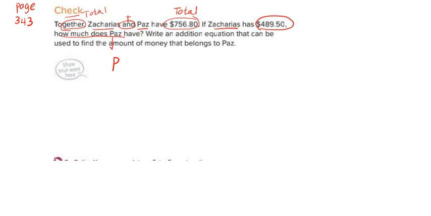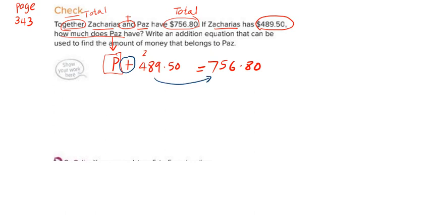So let Paz be represented by P. We know Zachariah has 489.50, and in total altogether they have $756.80. To find how much Paz has, again this is an addition equation, so we use the opposite operation and subtract those two. You know how to subtract, so you can do this one yourself.